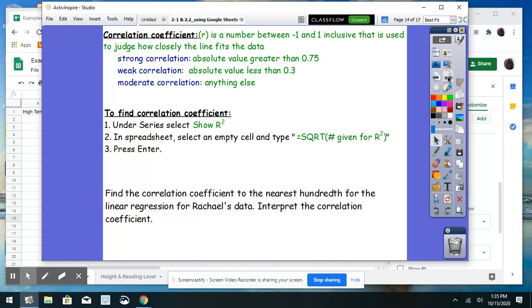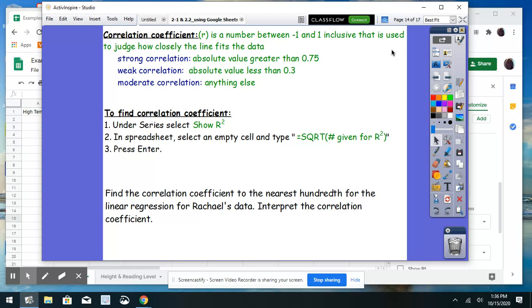So one more thing about that line of best fit is that it has a correlation coefficient. And this correlation coefficient is a value that they use in statistics to help us determine if that line we have is a really good line for the data or if it's not so good a line. We'll be able to find the R really quickly using Google Sheets.